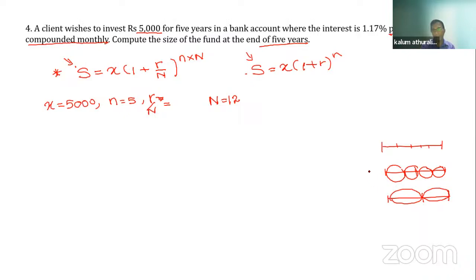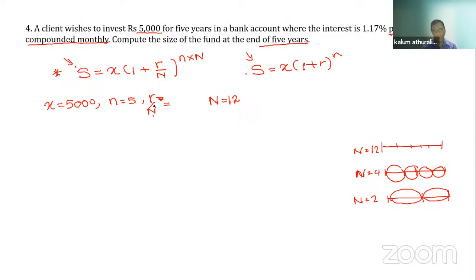Then quarterly, capital N should be 4. Monthly, N should be 12. Semi-annually, N should be 2. Here it is 12. The annual interest divided by 12 means the monthly interest rate.